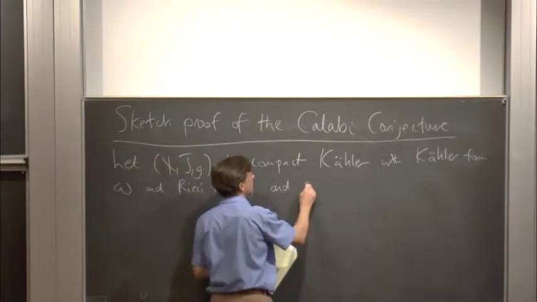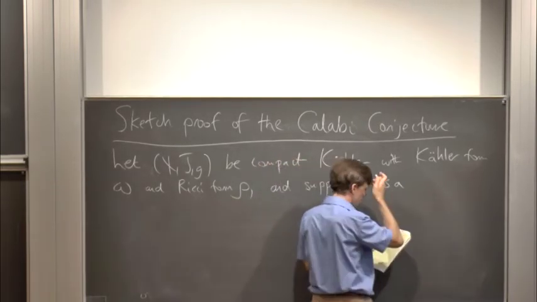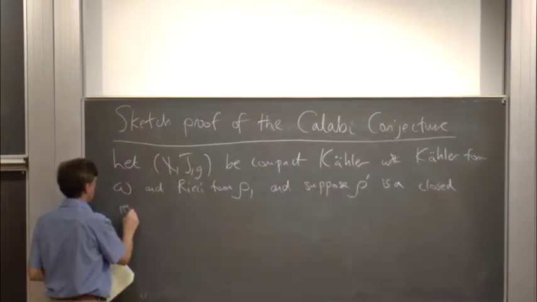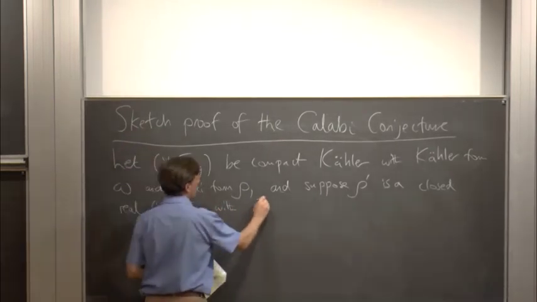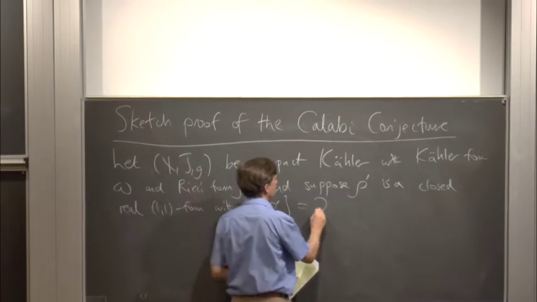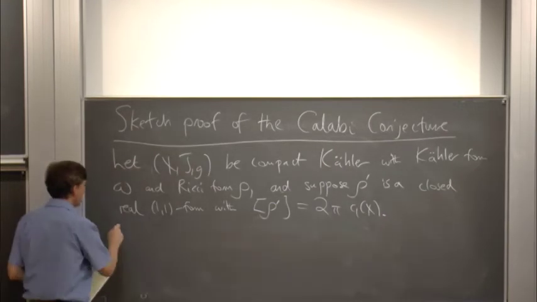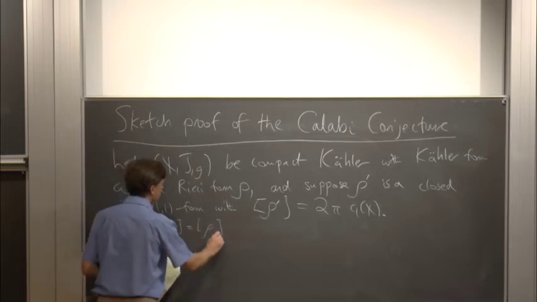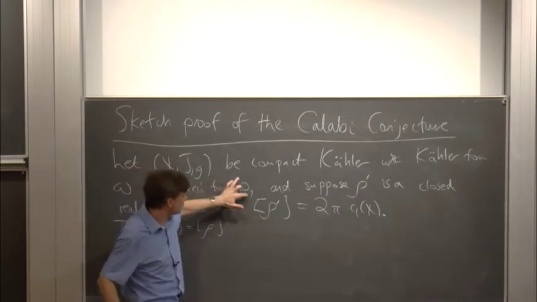And let's suppose rho prime is a closed real 1,1 form with the de Rham cohomology class [rho prime] equal to 2 pi c1(X). Well, so then the cohomology class of rho prime is the cohomology class of rho, because rho is actually a Ricci form, and therefore it has the de Rham cohomology class 2 pi c1(X).